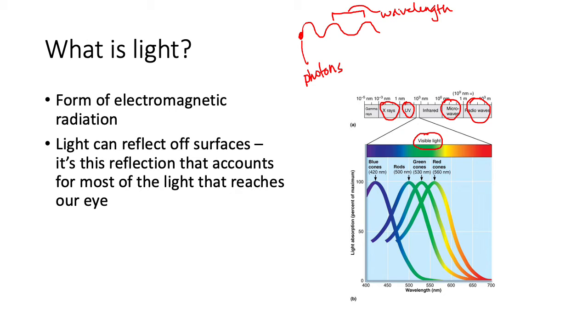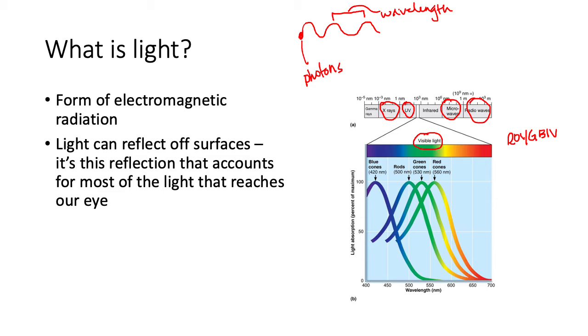But visible light, which we're going to focus on today with the sense of sight, has basically the essential colors, which you can always remember by the acronym ROY G BIV: red, orange, yellow, green, blue, indigo, and violet. And these photons travel in a spectrum that is capable of being registered by our eyes.